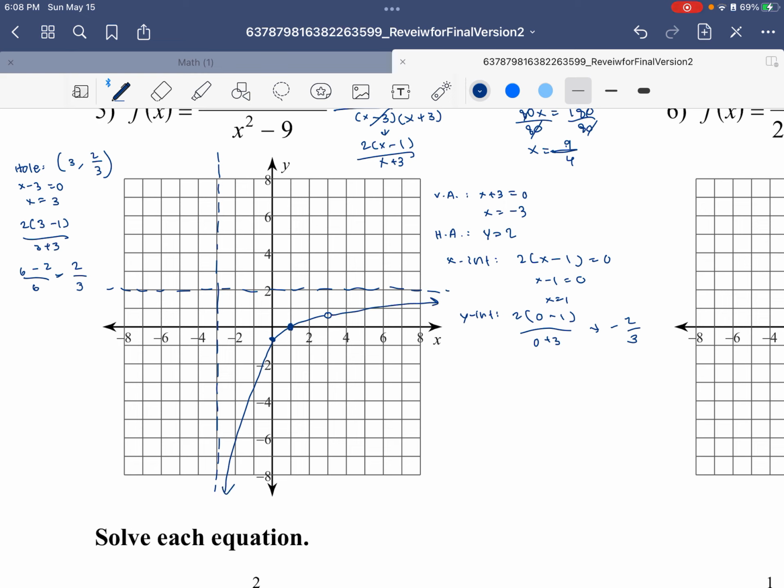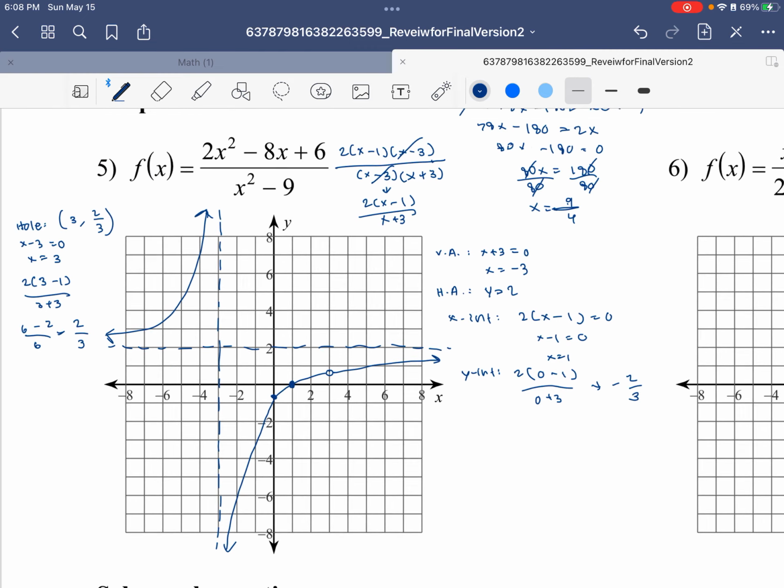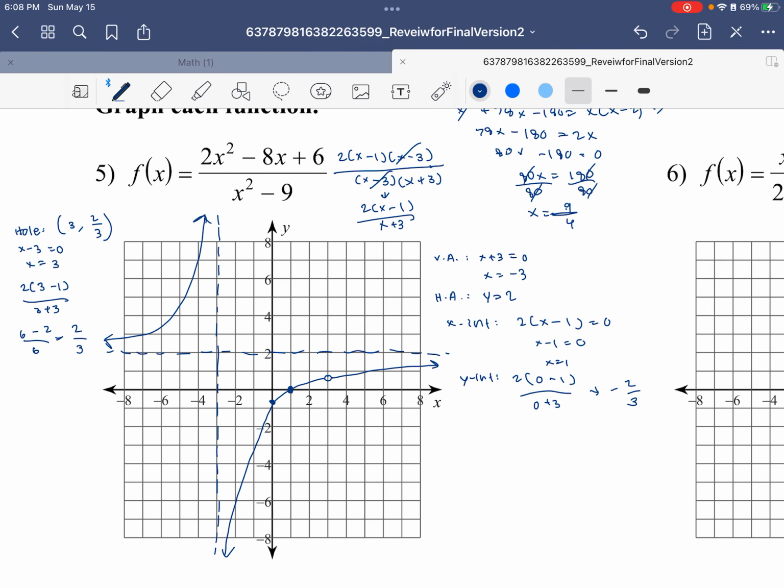So that's that part. And then usually this is just going to be a rough sketch. If you want to get a more accurate point of where the other half of the graph is, you can plug in an easy-ish value into x to find y.